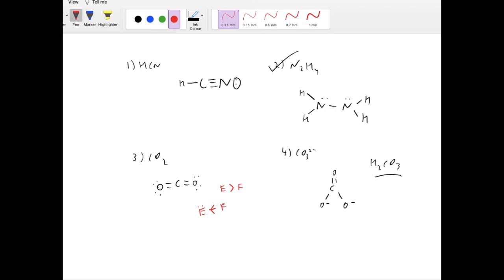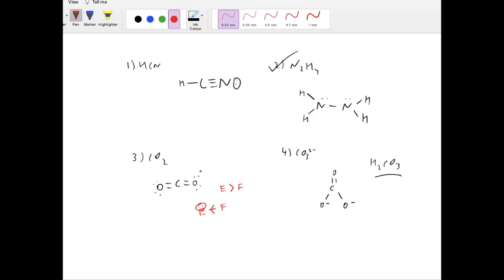So it would pull on the electron density that is shared with F, and it would also pull on its own lone pairs. These electronegative elements don't like to give their own lone pairs or any electron density.